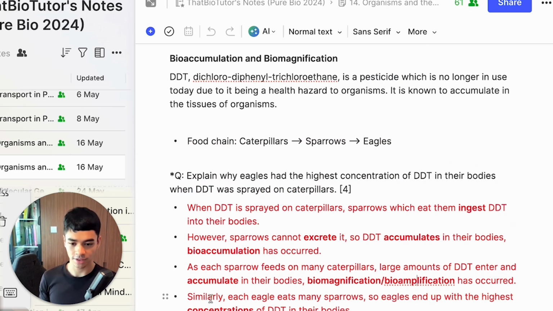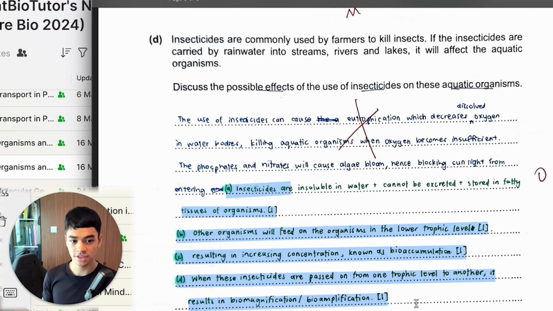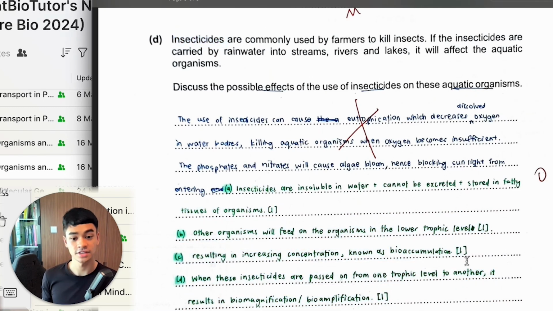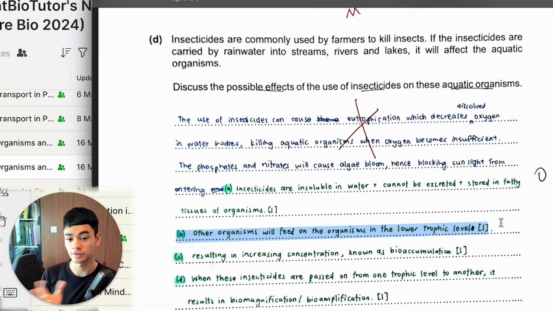And I just want to show something. Each eats many of the previous level below. So large amounts of the insecticide will enter and accumulate in their bodies. Biomagnification happens. So here in the corrections, the corrections are all fine. I mean, this is the answer key, right? I would see here, this one could be much improved in phrasing. So use my highlighter, you see here, do this for the phrasing.